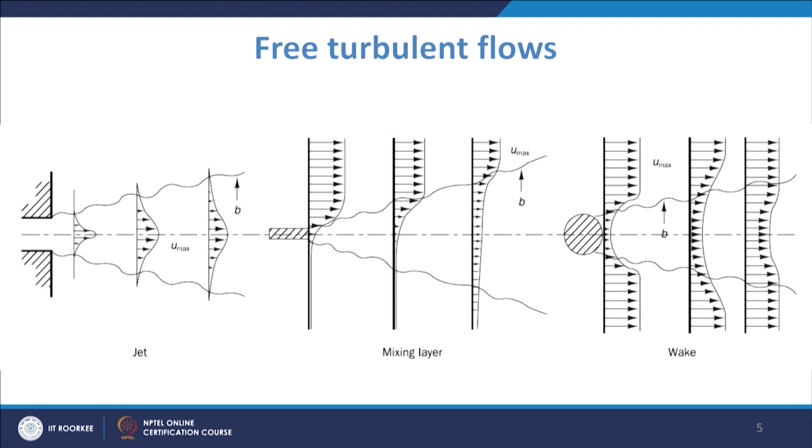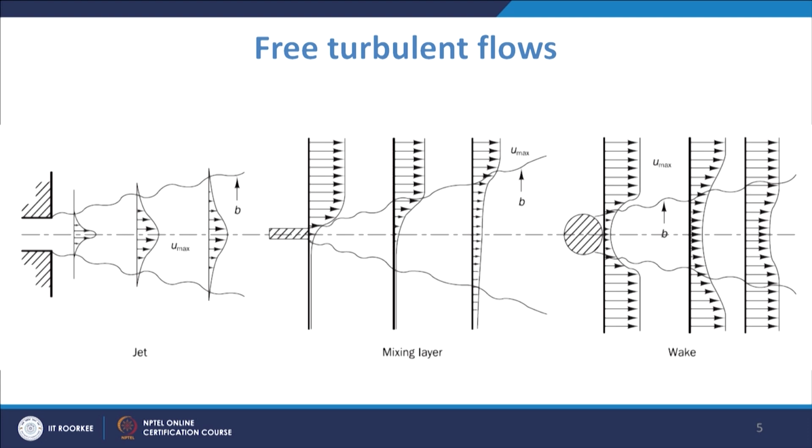This is the case of jet flow, where a very high speed jet interacts with the stationary fluid on the sides, and that is how the velocity profile comes out.